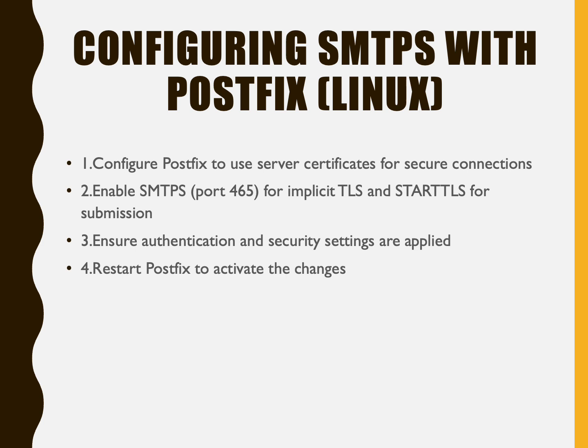All right, and so now we're going to look at Postfix on Linux, which is one of the most widely used mail transfer agents in the world. To enable SMTPS, you would begin by pointing Postfix to your SSL certificate in the configuration file, and this is what allows it to support TLS encryption. Then you would enable the submission port.